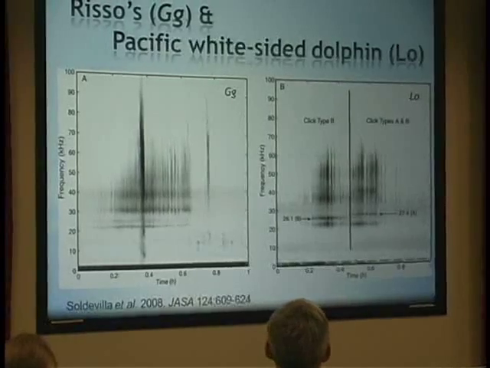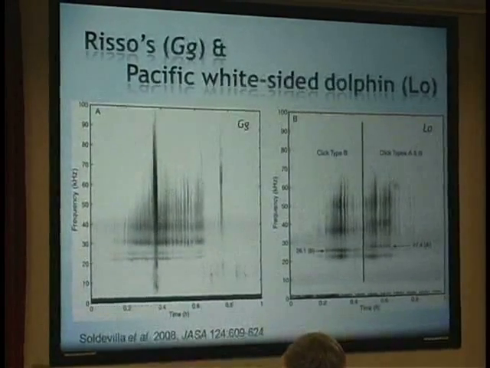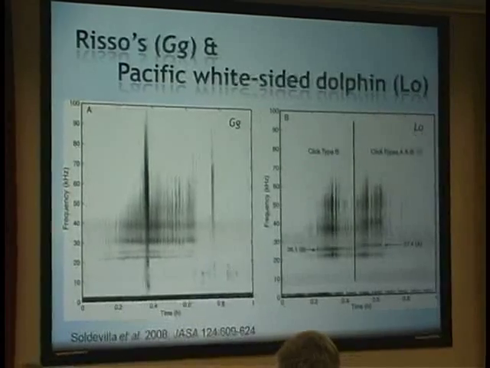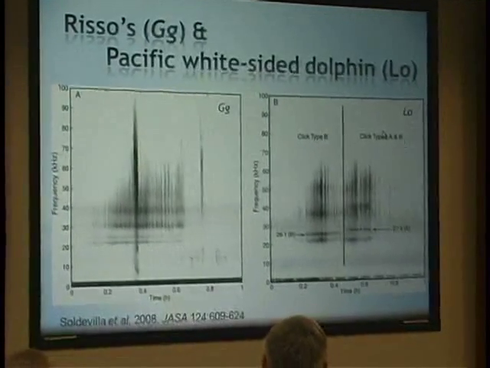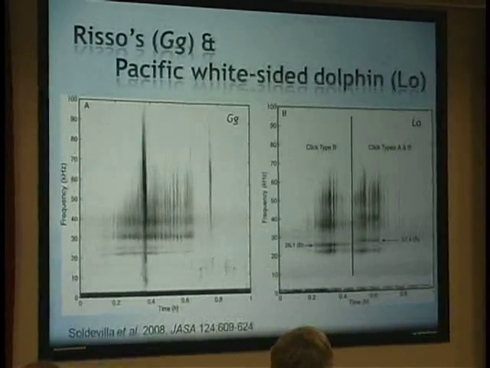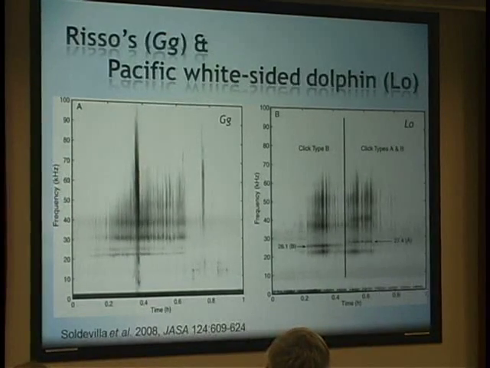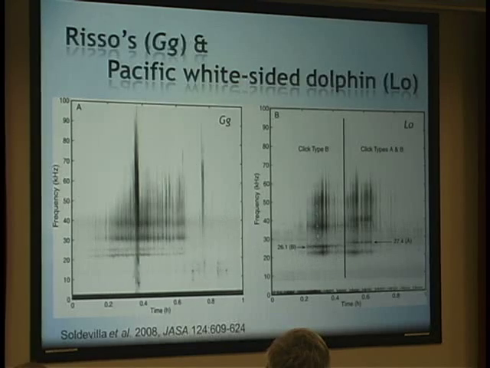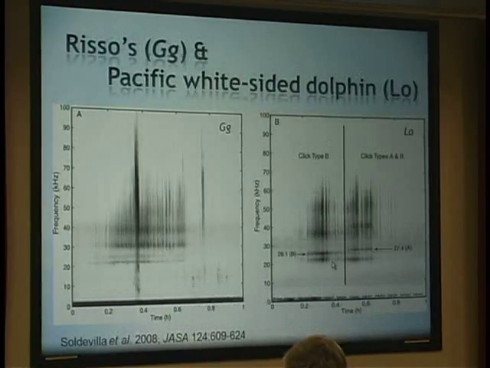So this is already telling you, is it Risso's or is it Pacific white-sided? And then there are 2 types of Pacific white-sided, potentially genetically distinct. We haven't been able to test that hypothesis thoroughly yet. And they have just slightly different banding patterns.